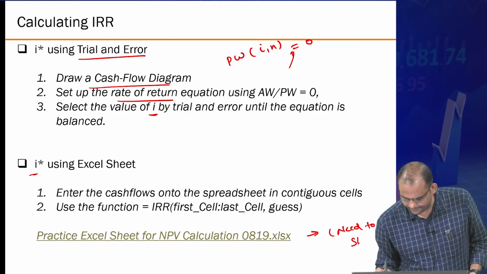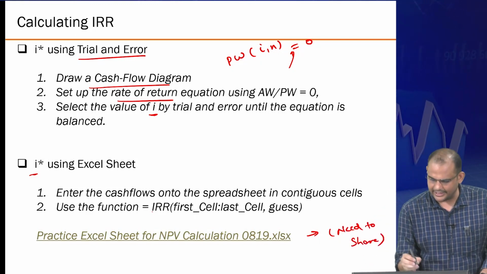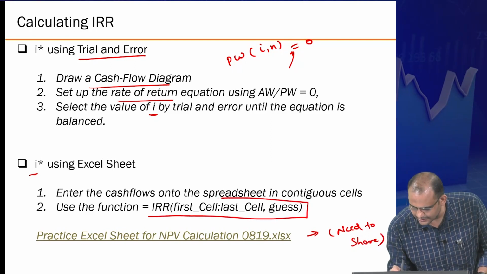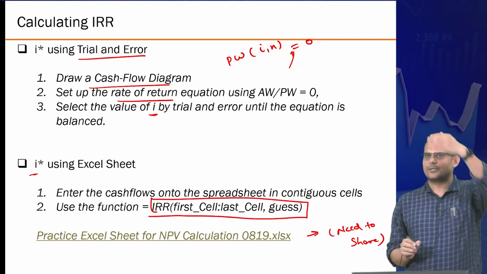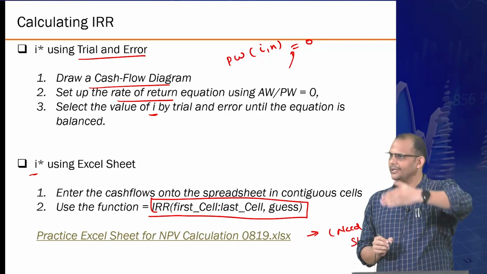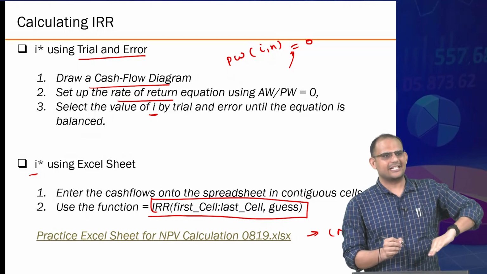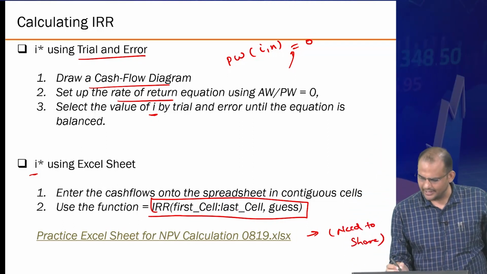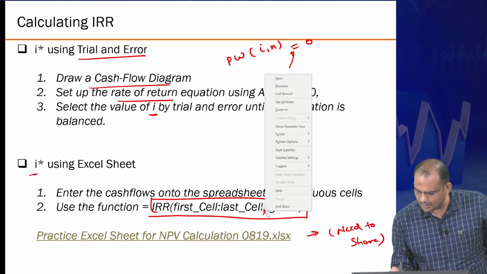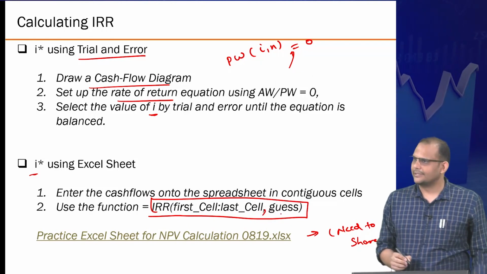In that example you will be able to see the particular formula that you use. You put IRR and you just input the cash flow series, from the first cell of the cash flow series to the last cell in this column, and then after the comma, another argument is a guess.